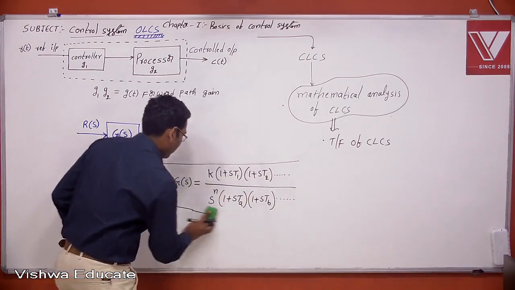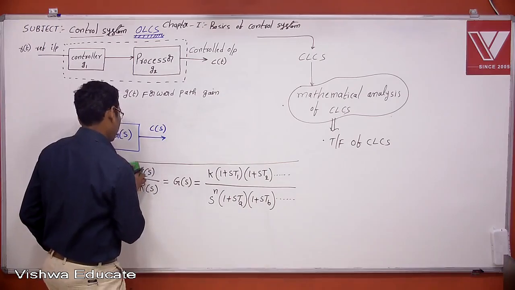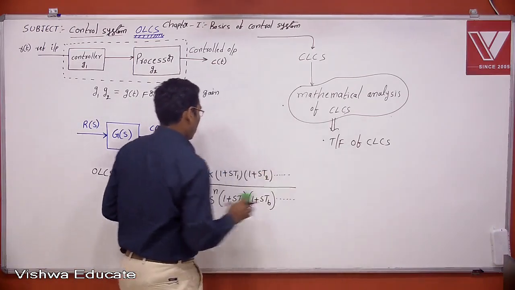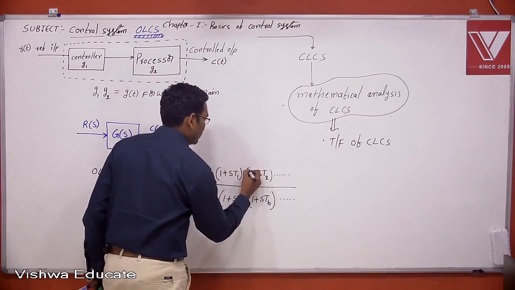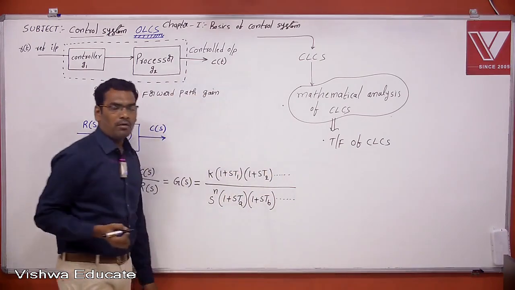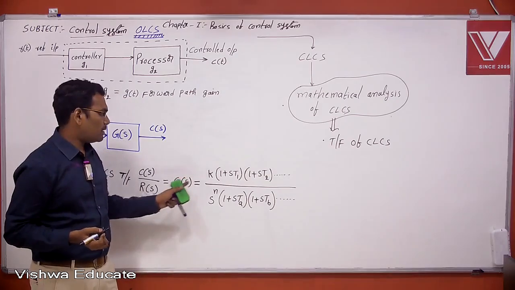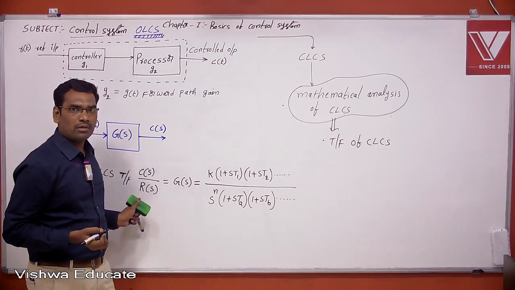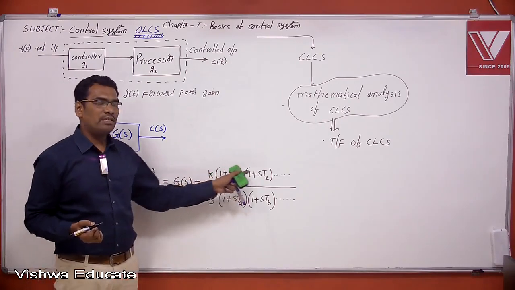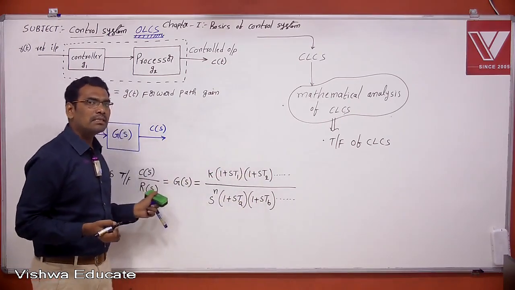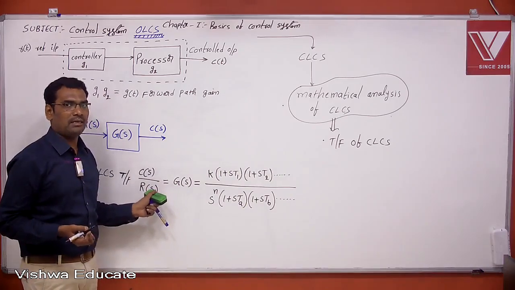Why am I writing an equation like this? This is the open loop control system transfer function, which is a forward path gain, and I write the equation in terms of s because this is in the s domain.